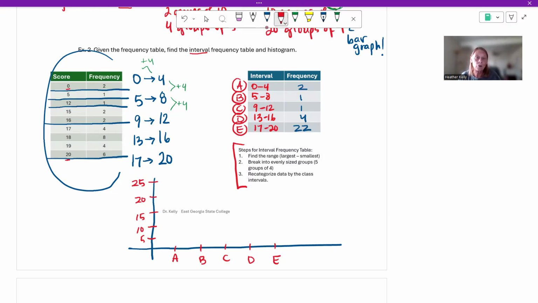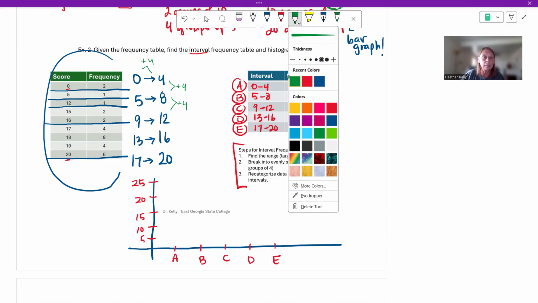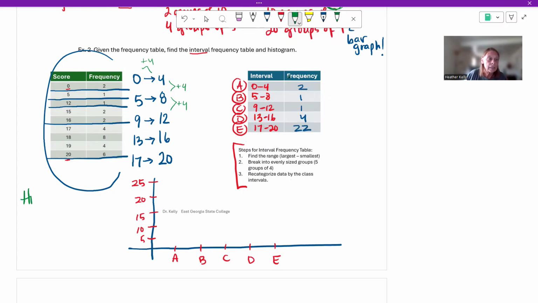Okay, so now we're going to just do these bar graphs, but the thing about a histogram that's super duper important is histograms touch and bar graphs don't.